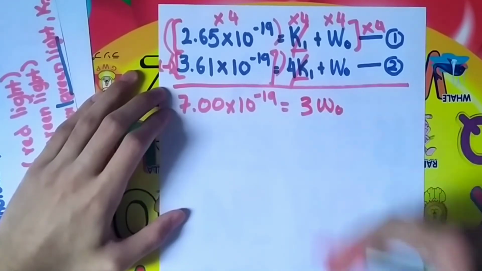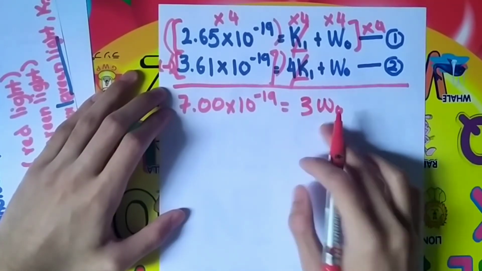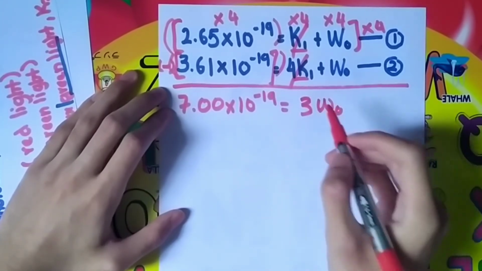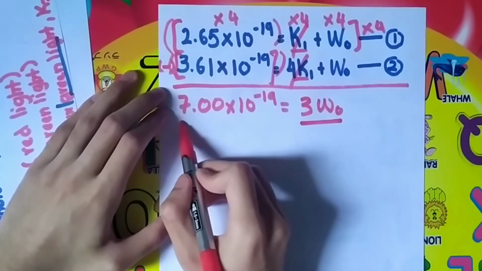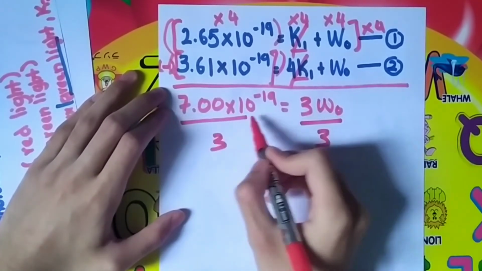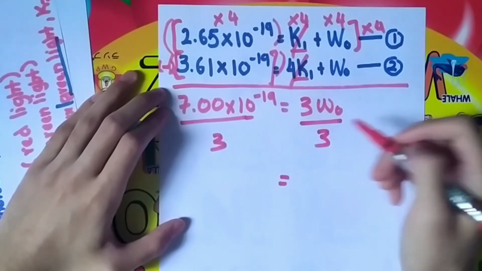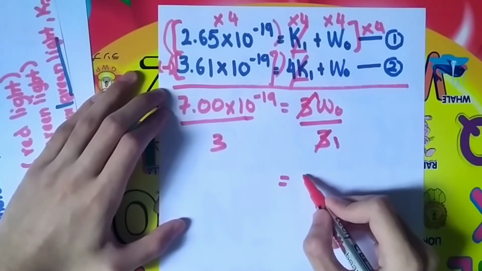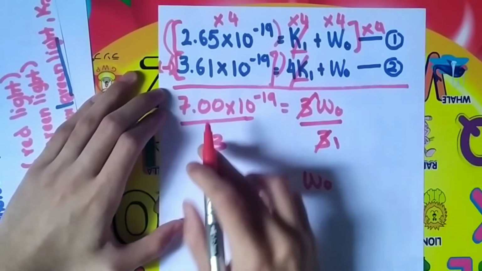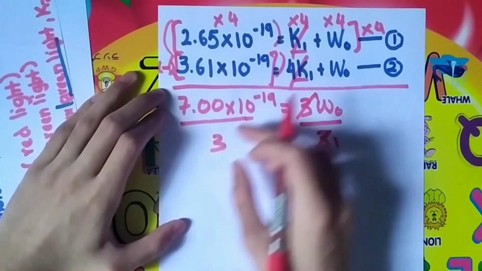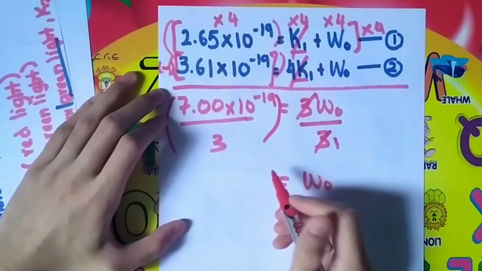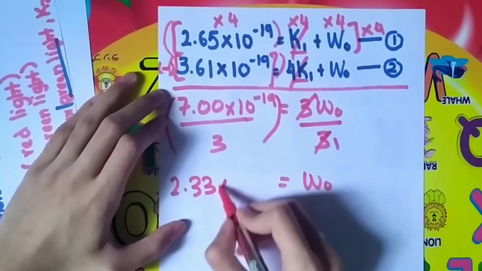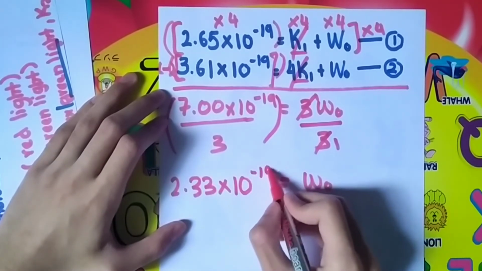From this it is easy to calculate. We divide both sides by 3, and on the right side we get W naught only. On the left side we calculate and get 2.33 times 10 to the power of negative 19.